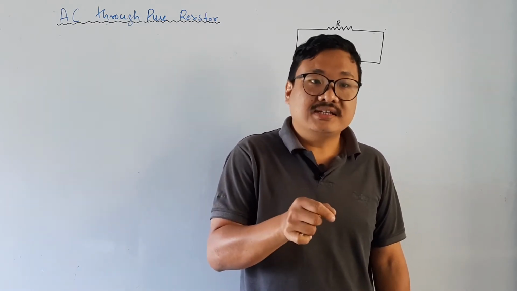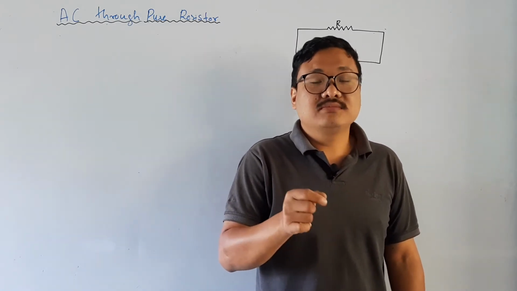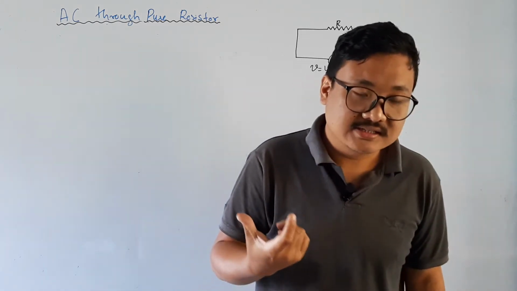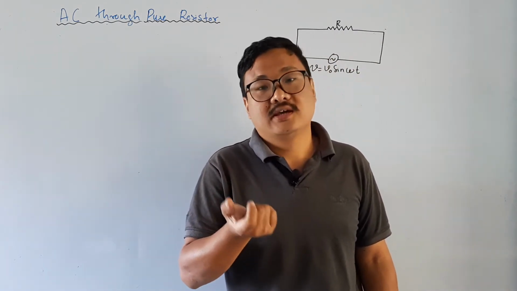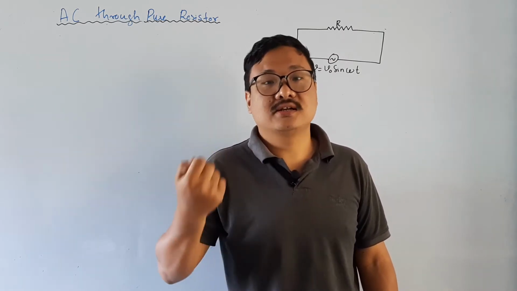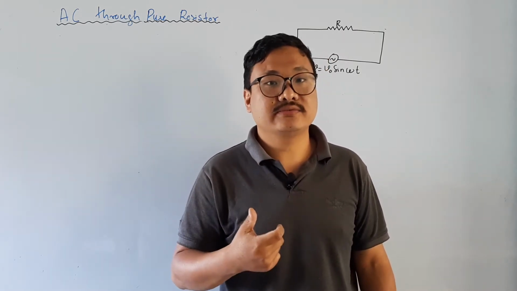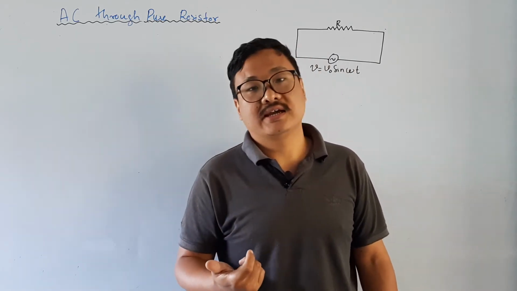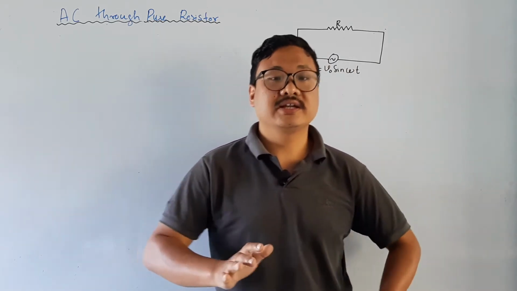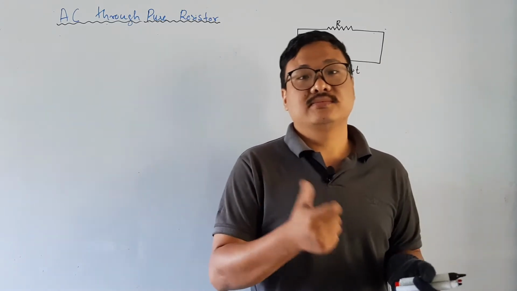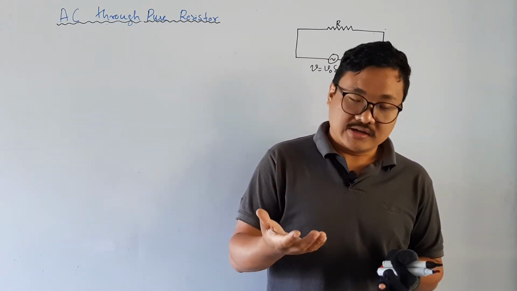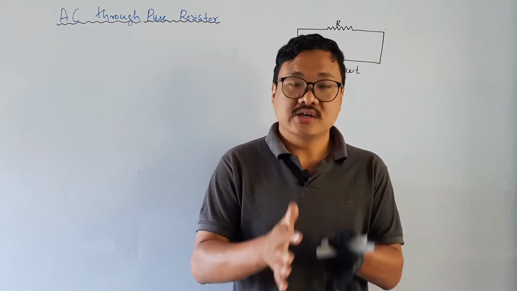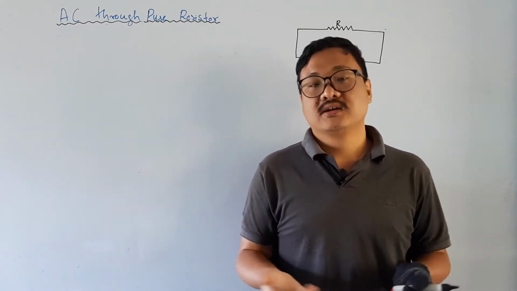Literally, AC voltage means alternating current voltage, and AC current means alternating current current, but don't get worried about these terms. AC voltage and AC current eventually mean alternating voltage and alternating current, which is universally accepted in physics.